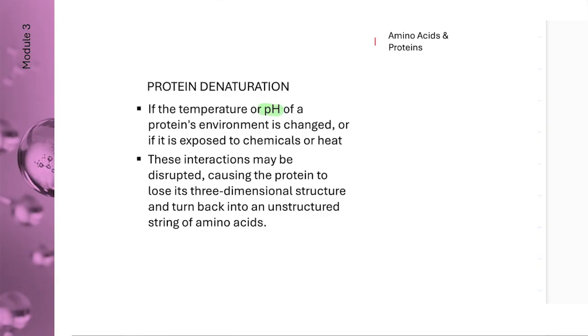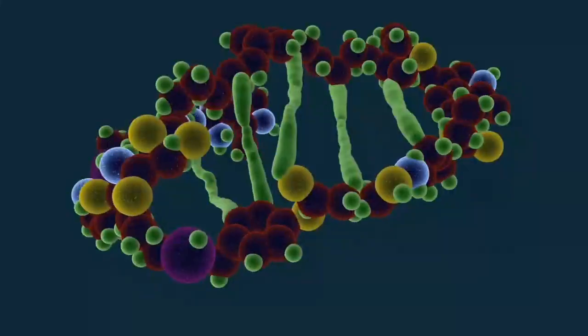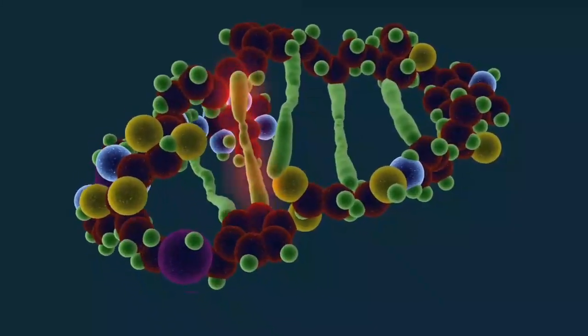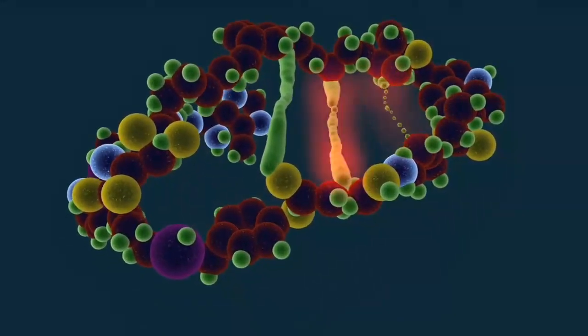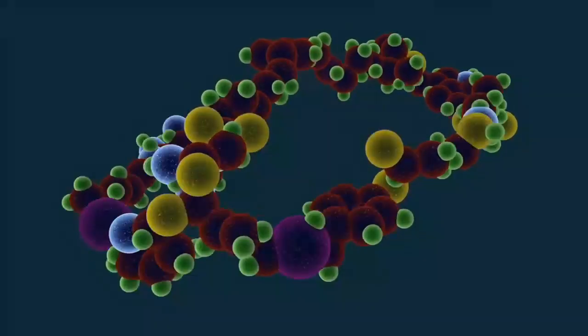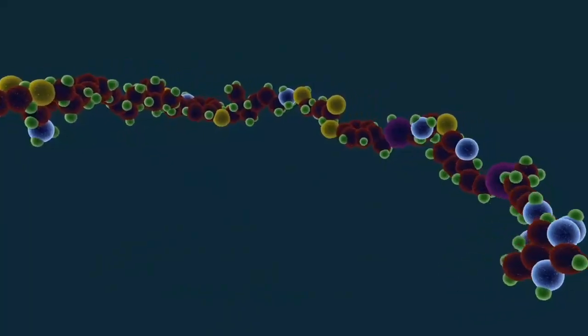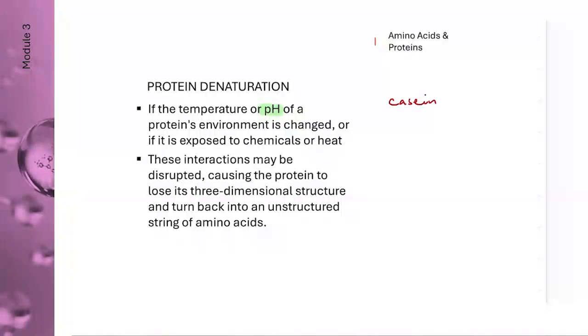If you change the pH of a protein, or you heat it, or you expose it to chemicals, that protein can lose its 3-dimensional structure, and it then goes back to an unstructured protein, which you can see physically. An example is casein, which is a protein that is found in milk.